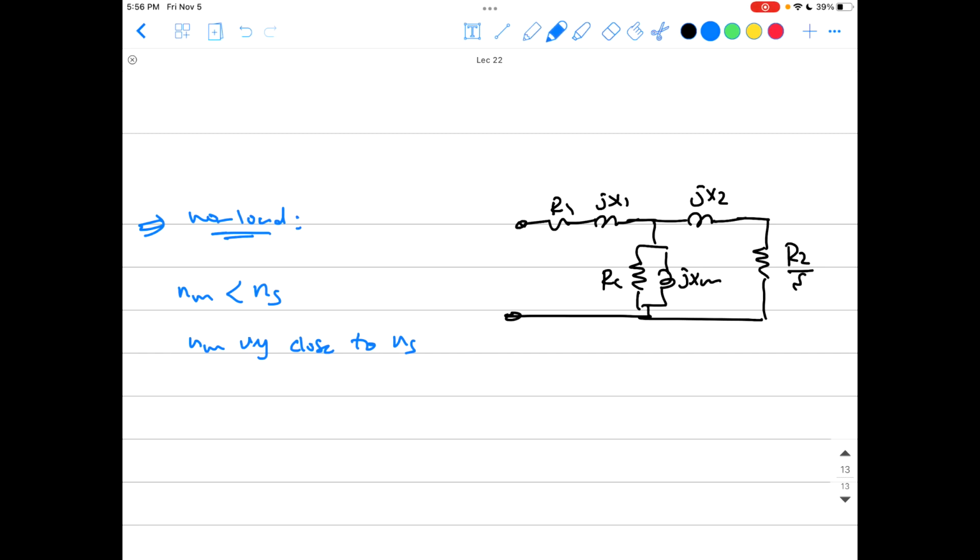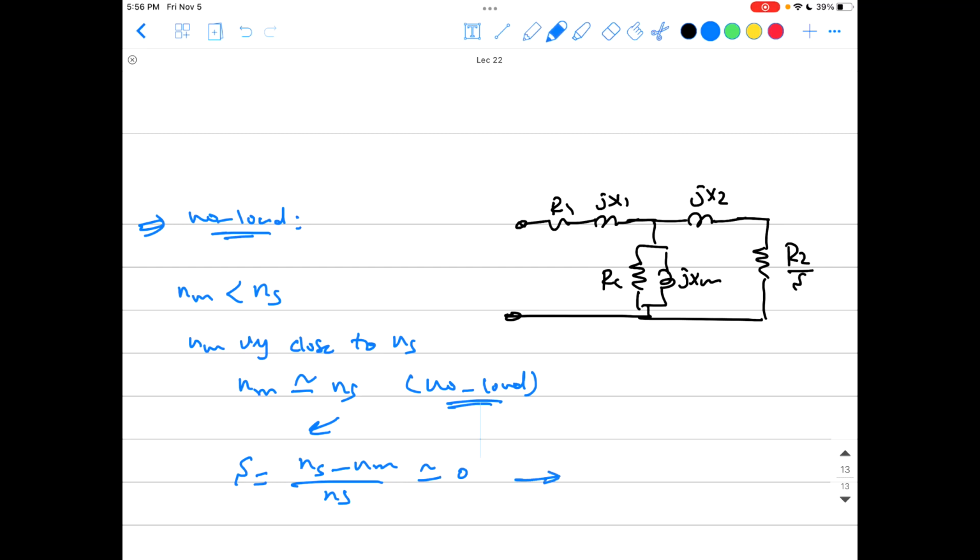Nm starts very high, almost equal to the synchronous speed, because you are dealing with no load. With the increase in the load, Nm starts to be lower and lower. But we are dealing now with the no-load condition. So Nm almost equals Ns. It's a little bit less than it, but it's almost equal. So the slip, which equals Ns minus Nm over Ns, will almost equal 0, because Nm almost equals Ns. Okay, guys?